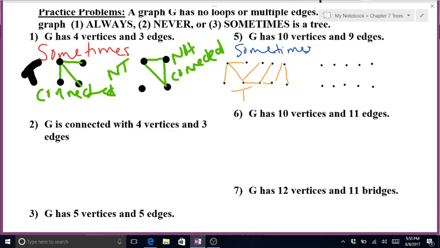So this one's a tree. This one here, not a tree. Again, the one on the left is all connected. The one on the right is not.